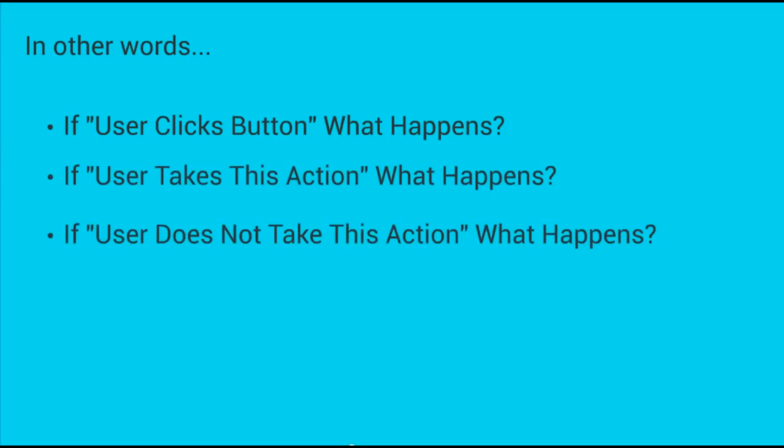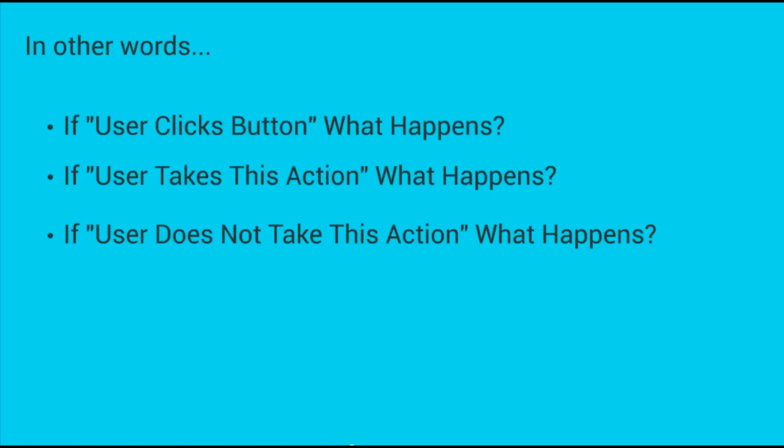So you're really going to have to figure out all the steps of the process, and what happens if this happened, then this happened. If this does not happen, then this does not happen. Or if this does not happen, what happens? So it's kind of like the if and else statements. It's a logical, if this happens, then that happens.